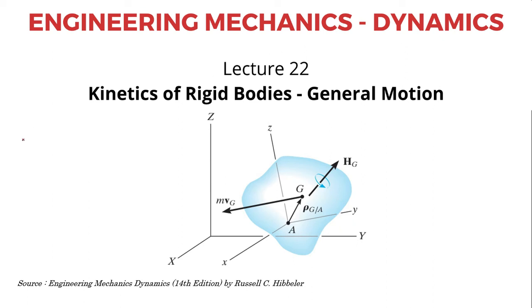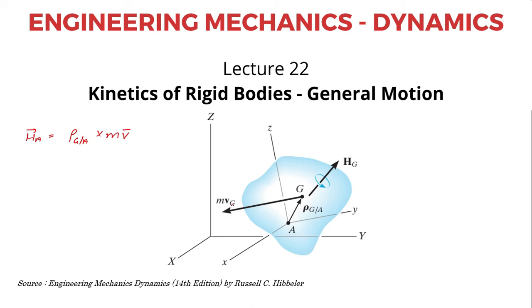So the same equation can be used here also. I can say the H_A vector is equal to rho_G with respect to A, which is the position vector of the mass center with respect to the arbitrary point A, cross m into V bar.